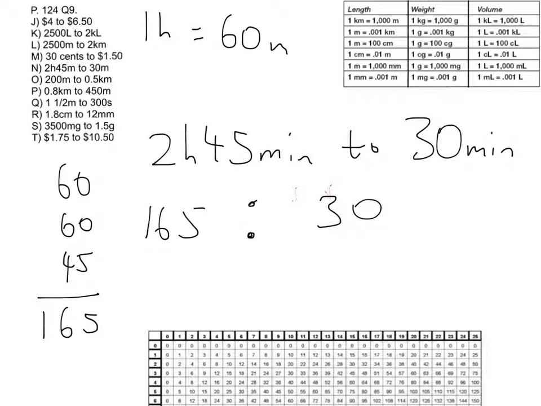So as we've just said, 165 divided by 15 is 11, and 30 divided by 15 is 2. Now we can write this as a ratio again. We can't simplify this anymore, so your final answer should be 11 to 2.